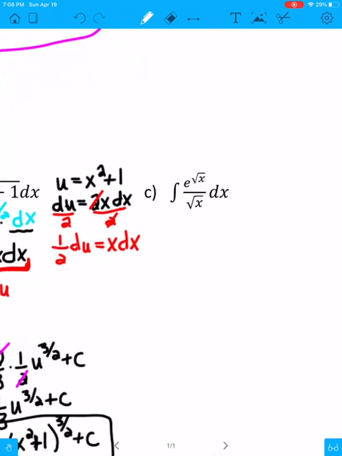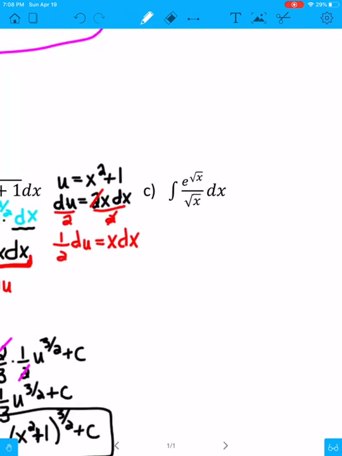And then I'm going to look at the next one. It is e to the square root x over square root x. So I'm going to try u as square root of x. And the reason why is I know if I can get the derivative of e to this u, the antiderivative of that is e to the u. So that's easy. So if I have e to the anything, what I actually make u be is its exponent.